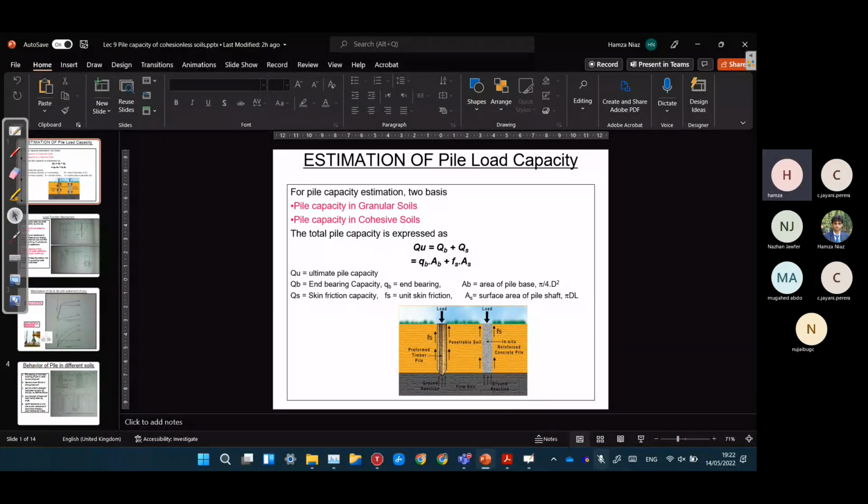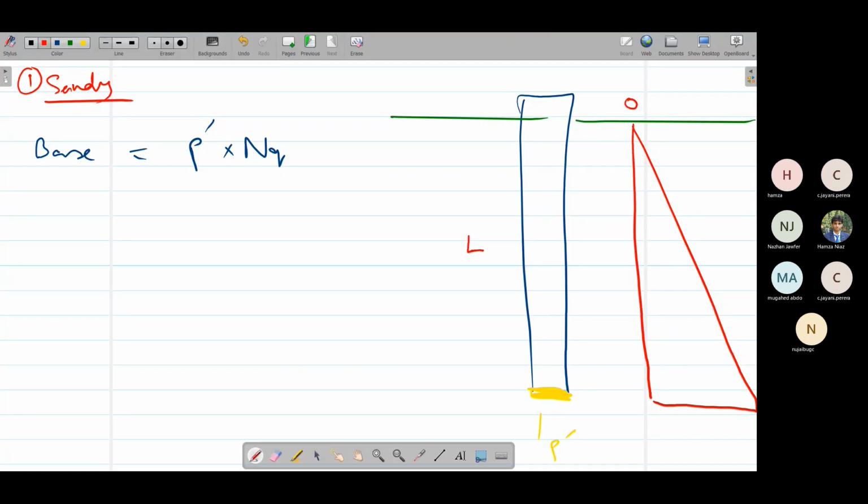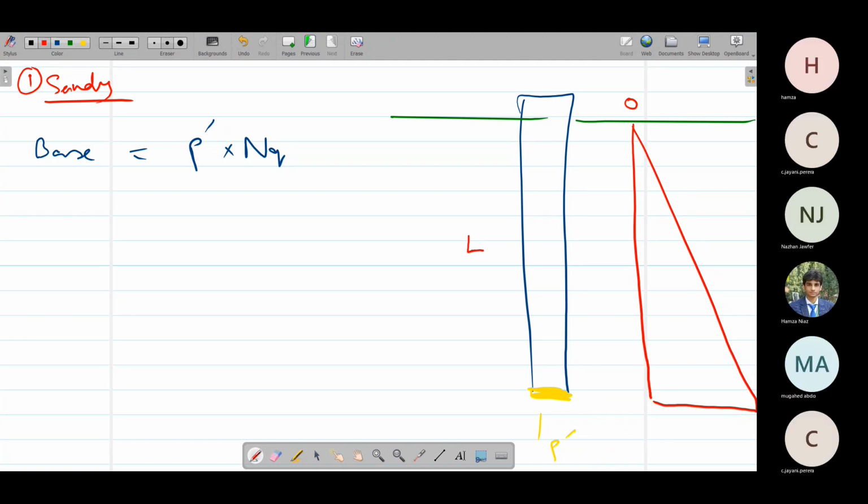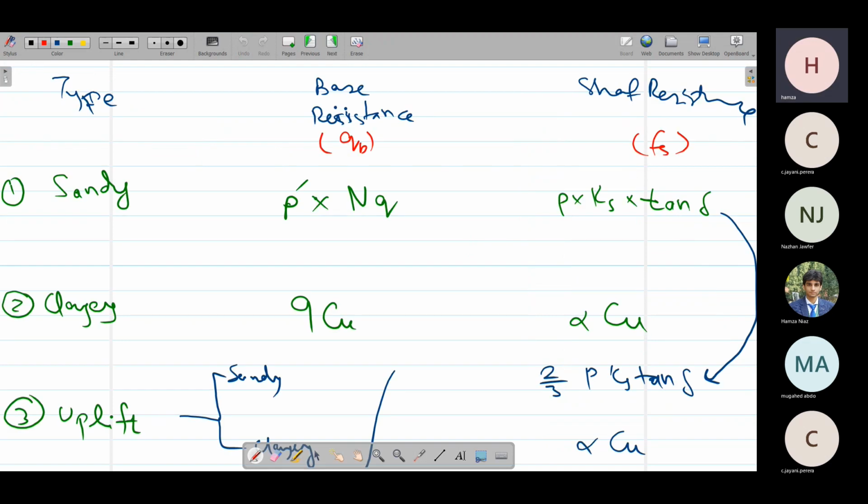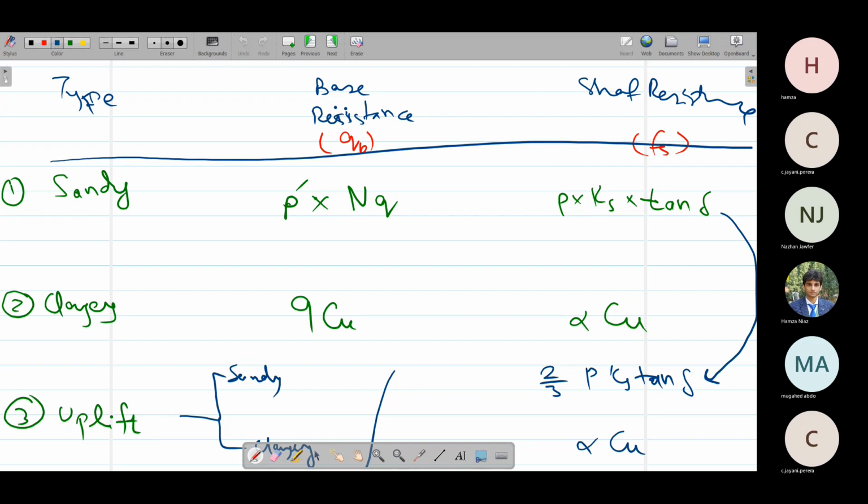Is it visible now? Yes. All right. From where it was struck? It was struck at which point? So was this table fine? Was this table understandable or not?